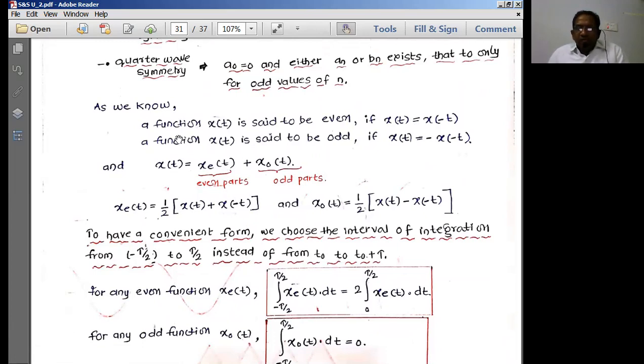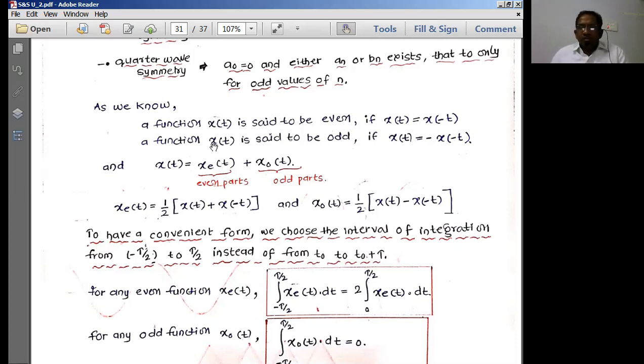Even if we go to the negative time axis, the function value remains the same. That is called even symmetry. What about odd symmetry? If you go to the negative side of the time period, x of t becomes equal to minus of that. That is an odd symmetry, or odd function.